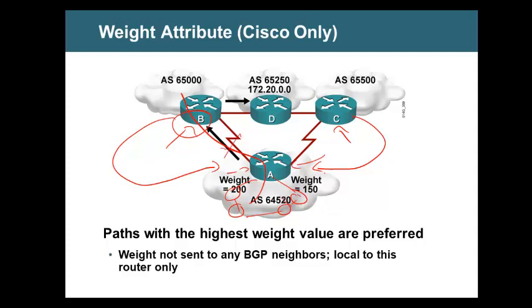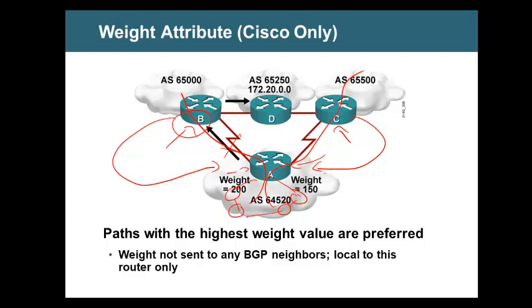Now, what is the difference between this and local preference? One is well-known discretionary.